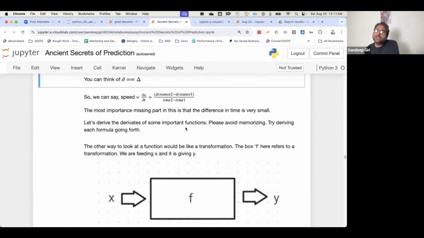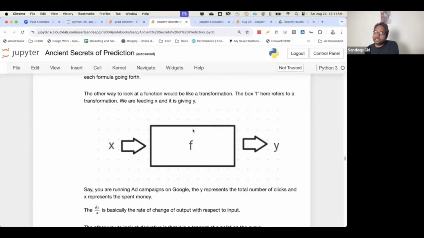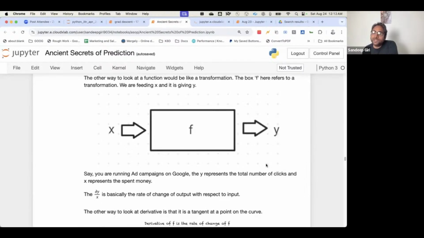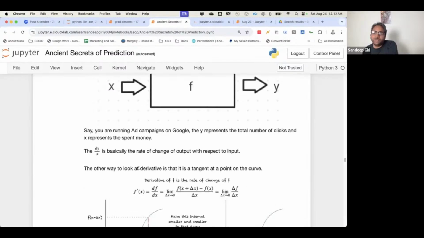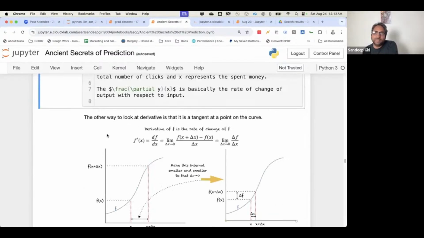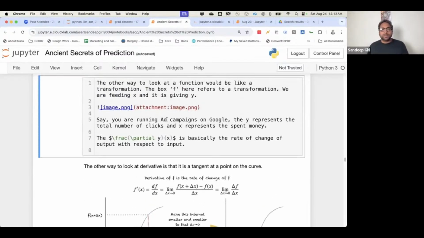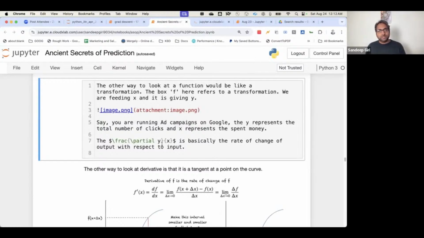The way you should imagine differentiation is that if there is a function or a machinery which takes x as input and gives y as the output, then the rate of change of output with respect to the rate of change of input is called the differentiation.